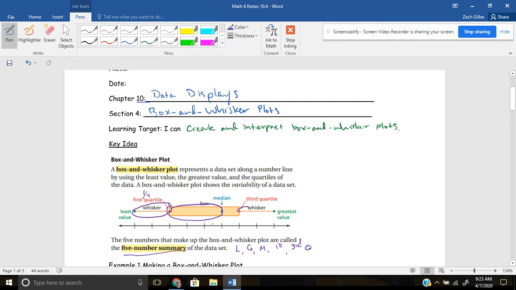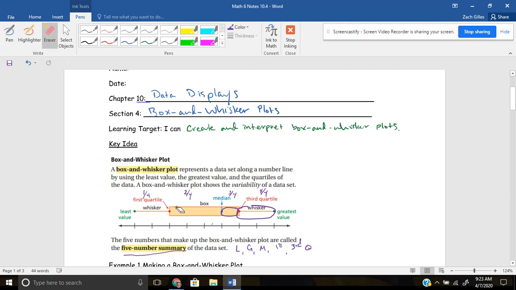And then lastly, the third quartile to the greatest value is our last chunk. So you can see this is the second fourth, the third fourth, and the fourth set of data. When we use a box and whisker plot, it breaks our data into quarters.